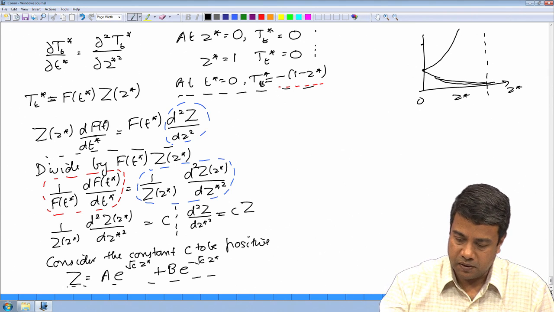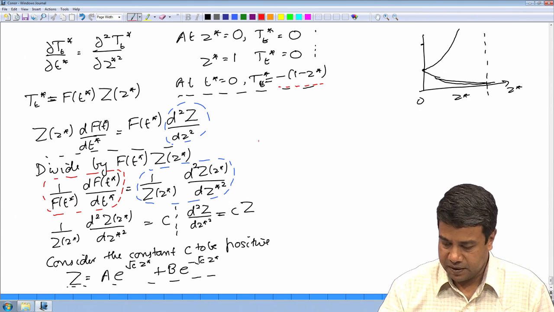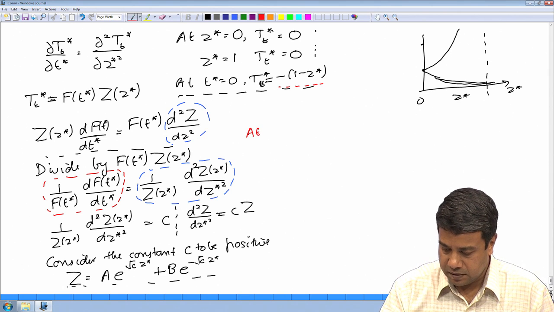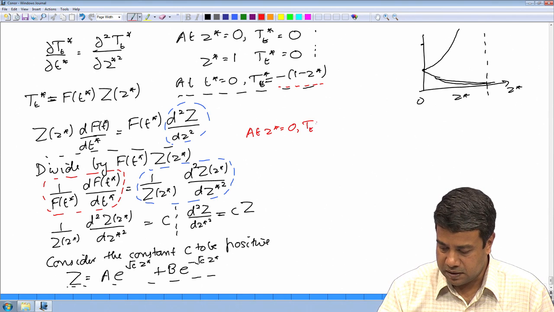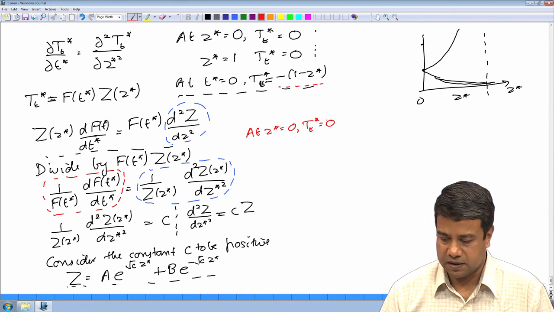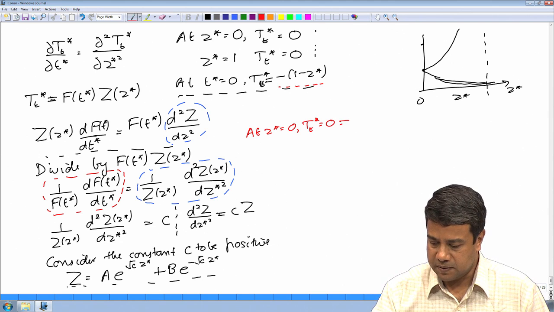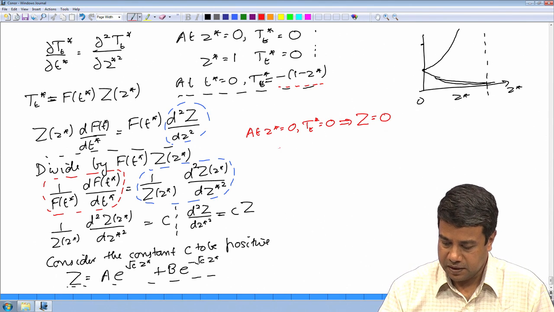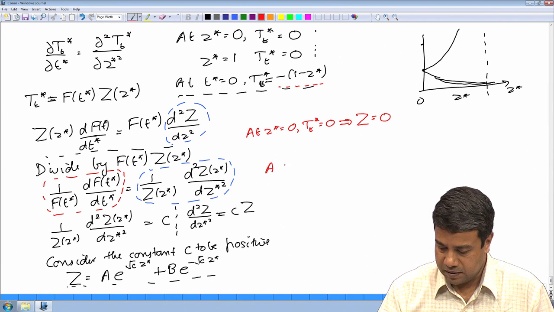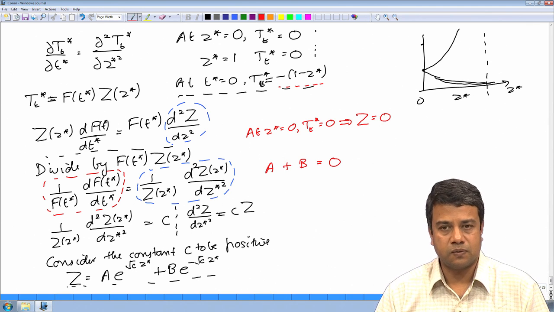If you try to apply the boundary conditions now, at Z star equal to 0, t star equal to 0, the transient part has to be equal to 0, which implies that capital Z has to be equal to 0. So, therefore, a plus b equal to 0, both the exponentials are just equal to 1.